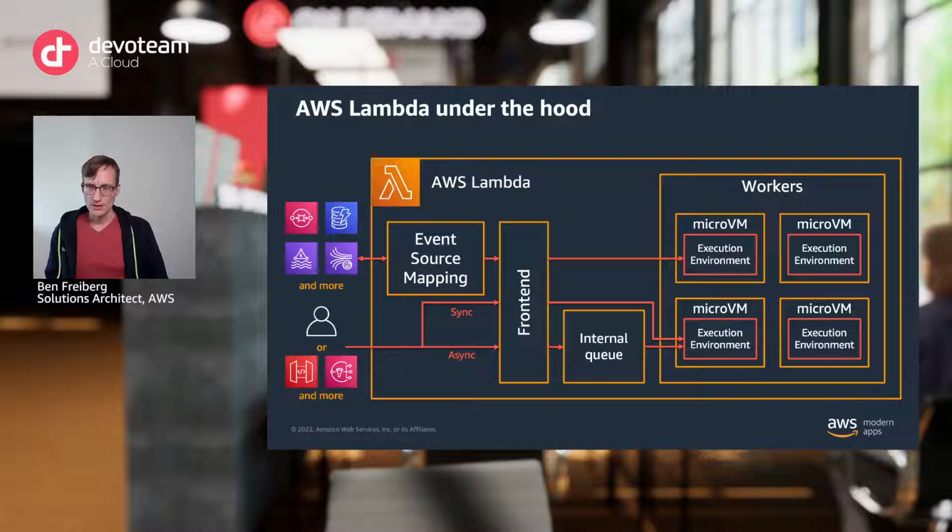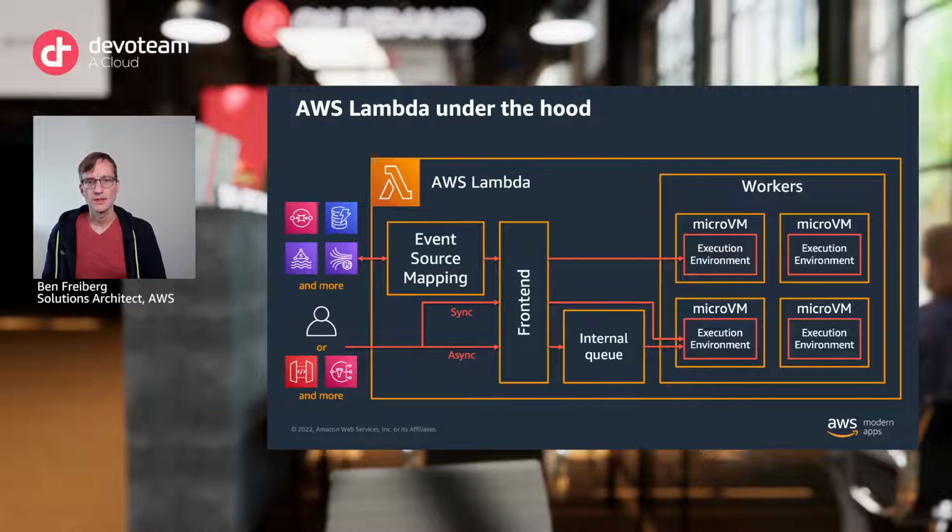So let's take a look under the hood of the service. On one side, there are these workers. These are EC2 instances on which the Lambda function is actually executed in what we call micro VMs. These micro VMs contain the execution environment, which we're going to take a look at in a second. Then there is the front end of the service, which is responsible for authentication and validation.